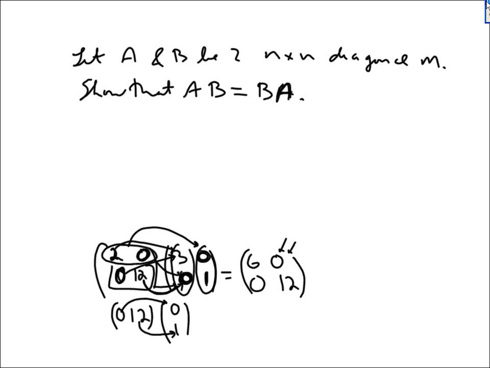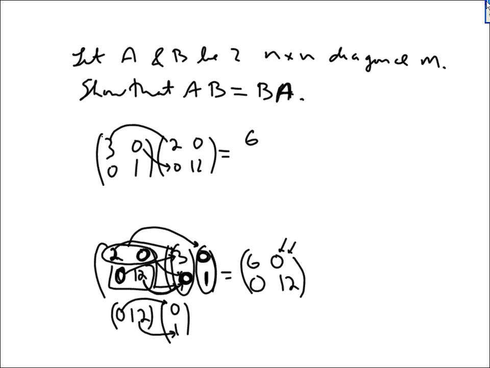Now, if I reverse the matrices, the same thing is going to happen. 2 times 3 is 6, but then you multiply zeros. Now you dot the first row with the second column, and by design, there must be a 0 here. 3 times the 0 is 0. And there must be a 0 here, and 0 times 12 is 0.